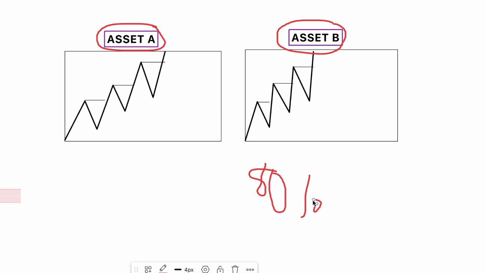Please listen to me. 80% of the time this works, and if that is the case, then we need to take this seriously. So at any point when we have asset A creating a break of structure on this recent price swing, then asset B could not break structure above here. Let me show you.